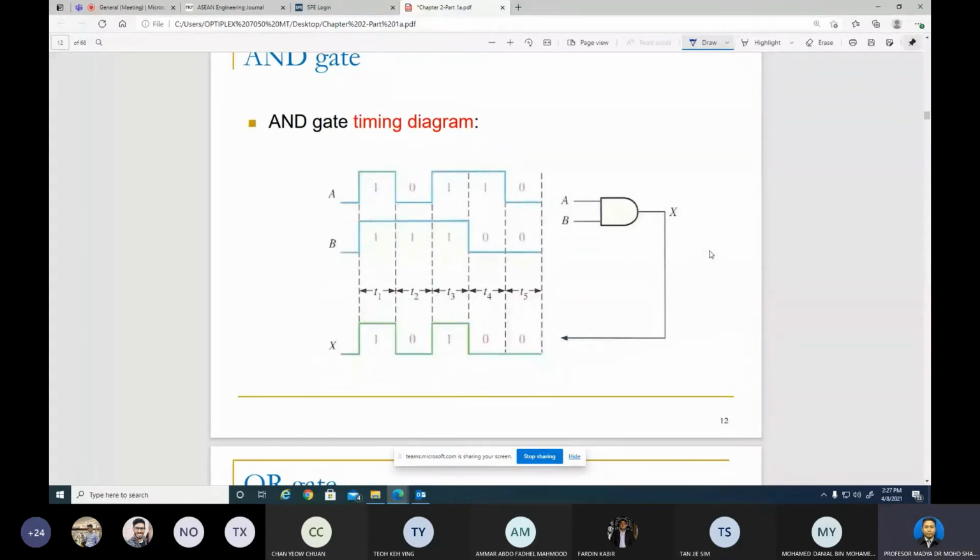It's multiplication. 0 multiplied by 0 is 0. 1 multiplied by 1 is 1. 0 multiplied by 1 is 0. 1 multiplied by 1 is 1. 1 multiplied by 0 is 0. And 0 multiplied by 0 is 0. This is the output X in the timing diagram, which means the output can also be represented as a timing diagram.